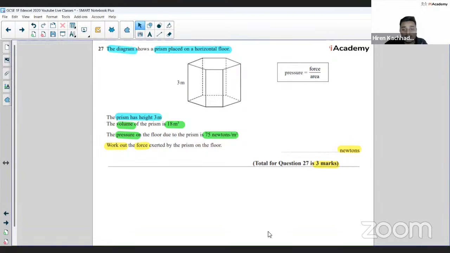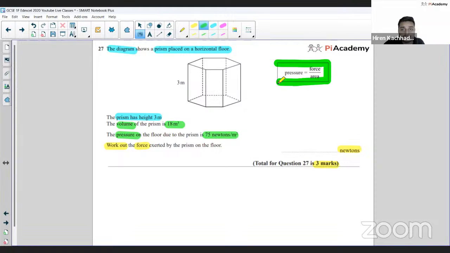You can use this formula as well. The formula is already given to you: pressure equals force upon area. This formula is useful to you. Very good, Zaika, I'm getting an answer from you.